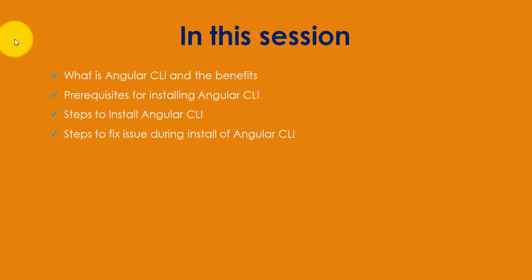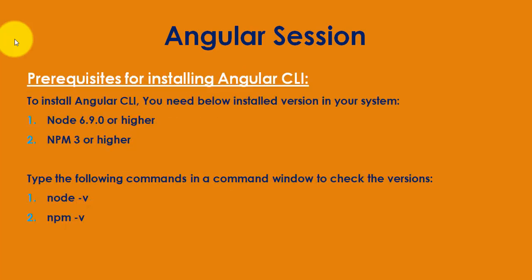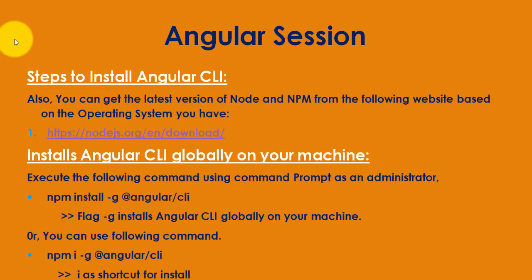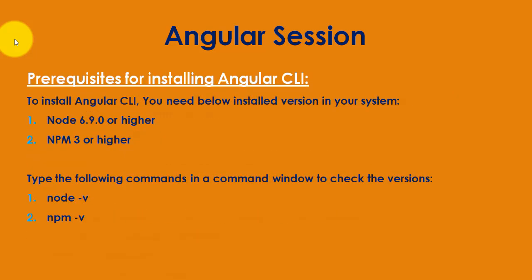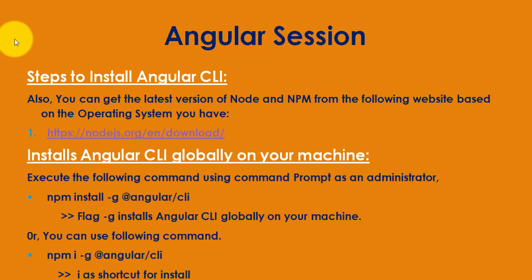So now we go to our next presentation. We already discussed the commands to check the versions in a command window, and we already checked them. So our next point is, what are the steps to install Angular CLI?